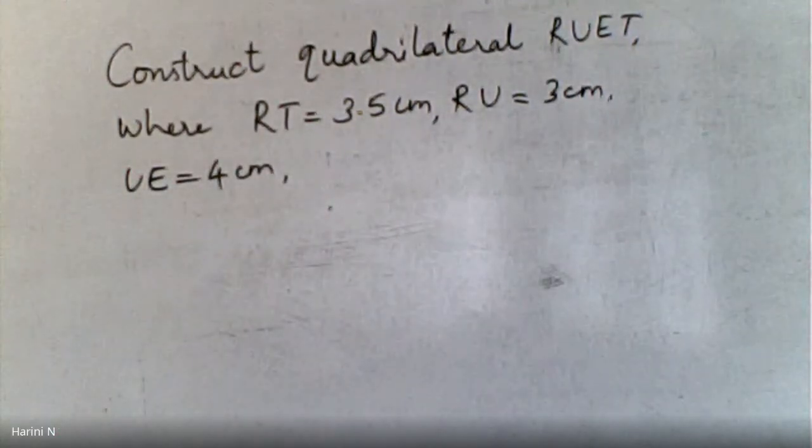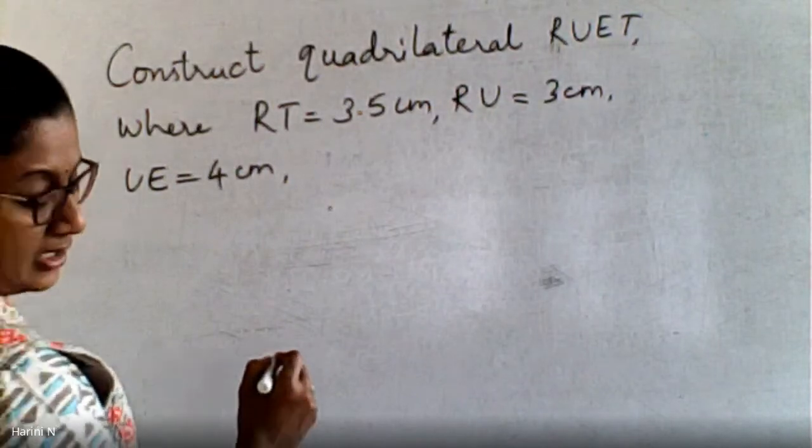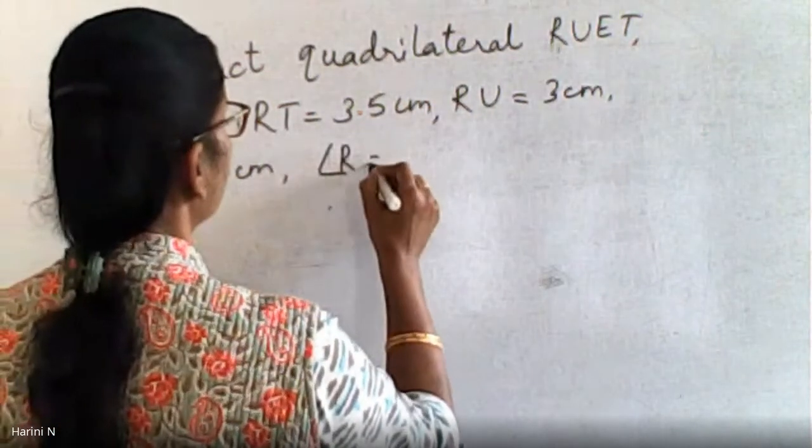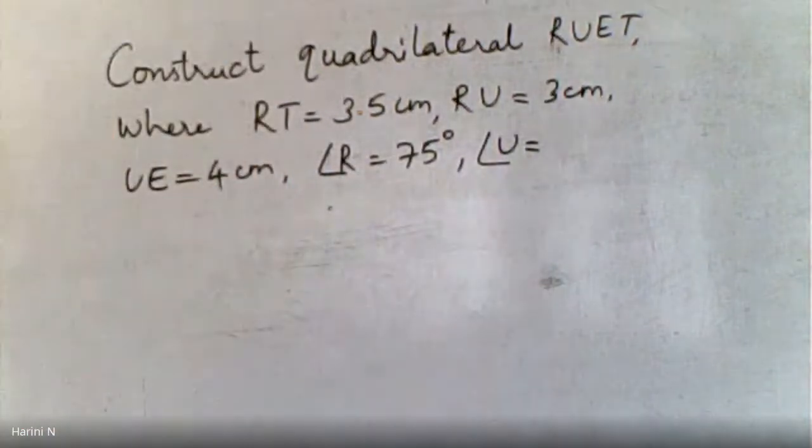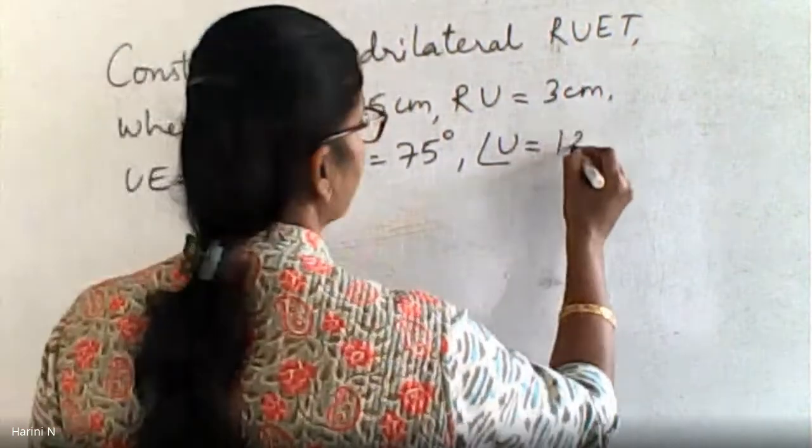Then 2 angles are given, angle R and angle U. Angle R is 75 degrees and angle U is 120 degrees. So this is your question.